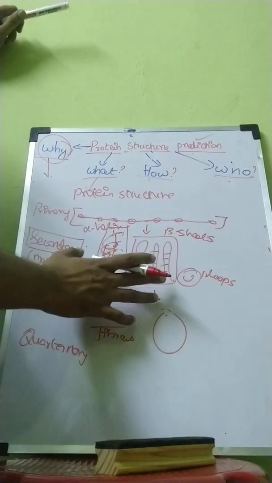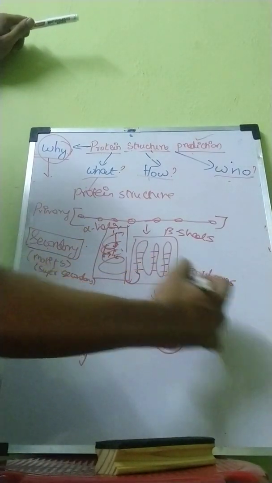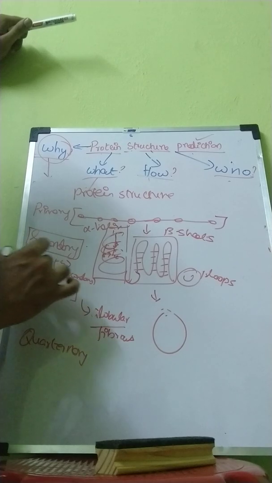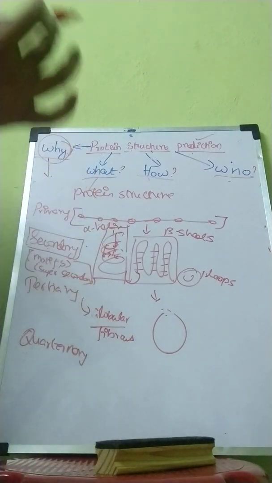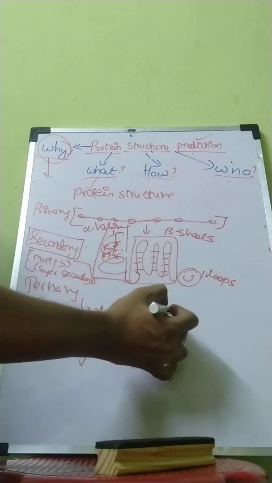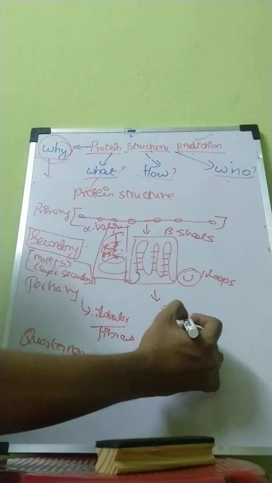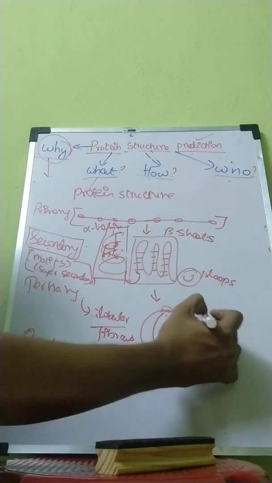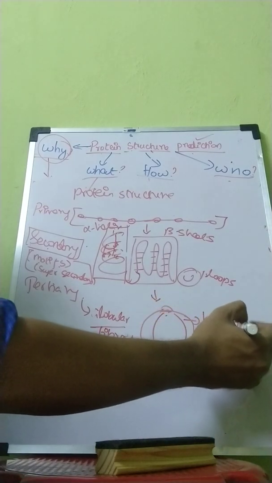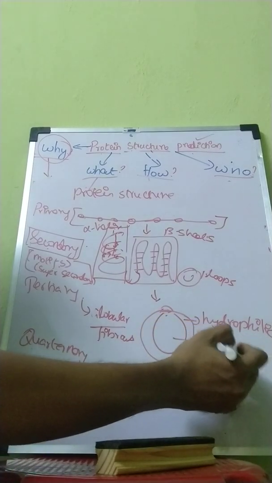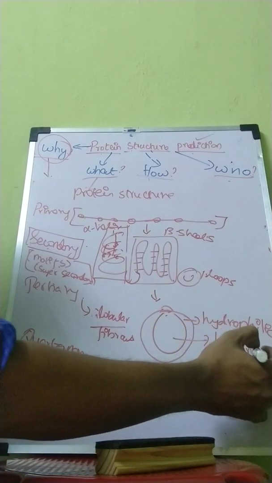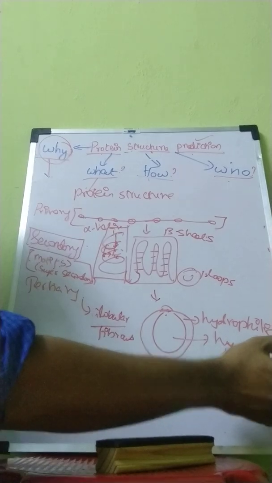So these secondary structures together form one super secondary structure called a motif, and this motif in turn is folded further and forms a globular structure in which water-liking hydrophilic regions are placed outside, and water-hating hydrophobic regions are placed inside.